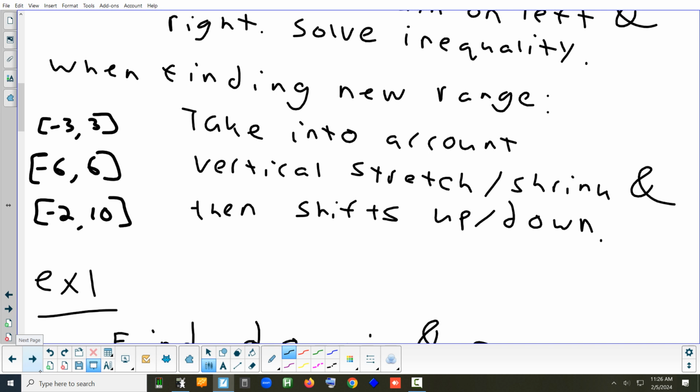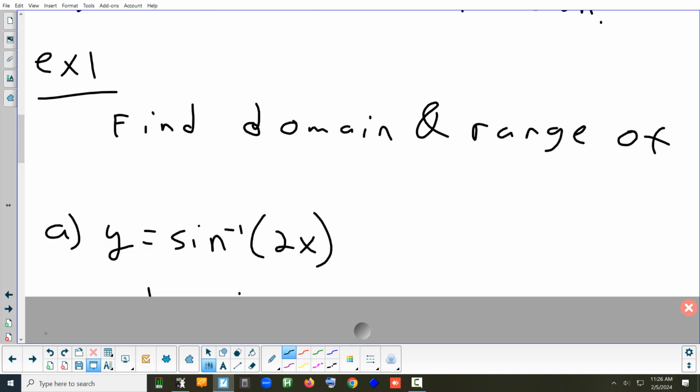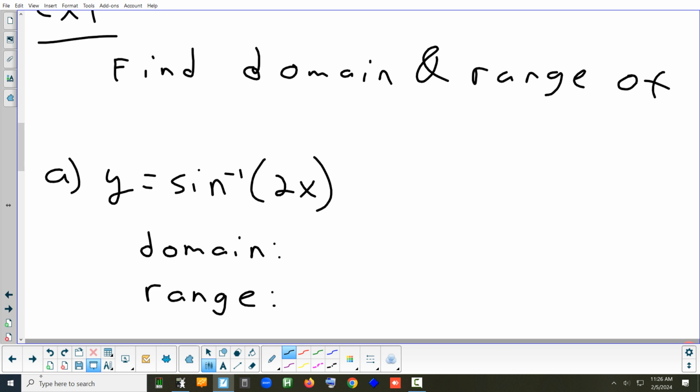Any question on that? All right, let's try it. So it says find the domain and the range of the following. y equals inverse sine 2x. How many transformations in this one?